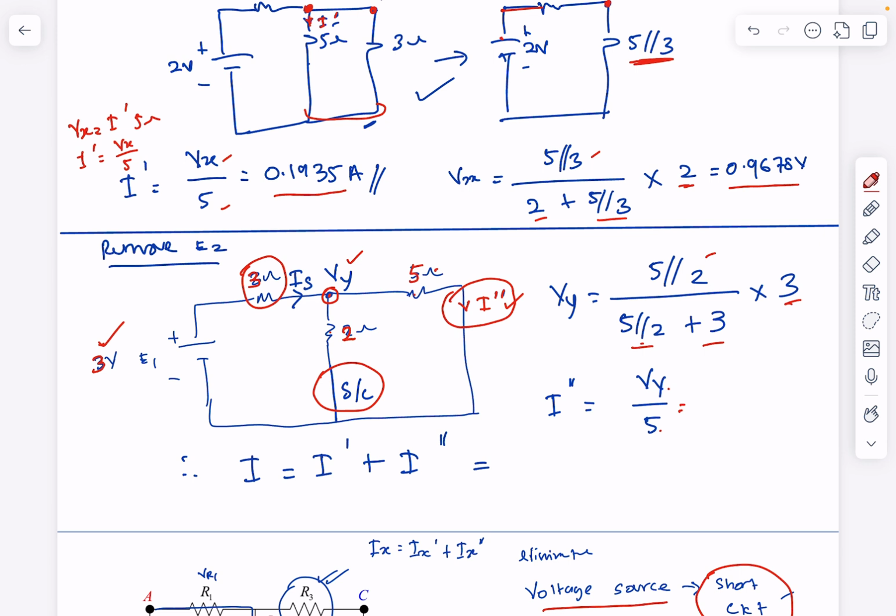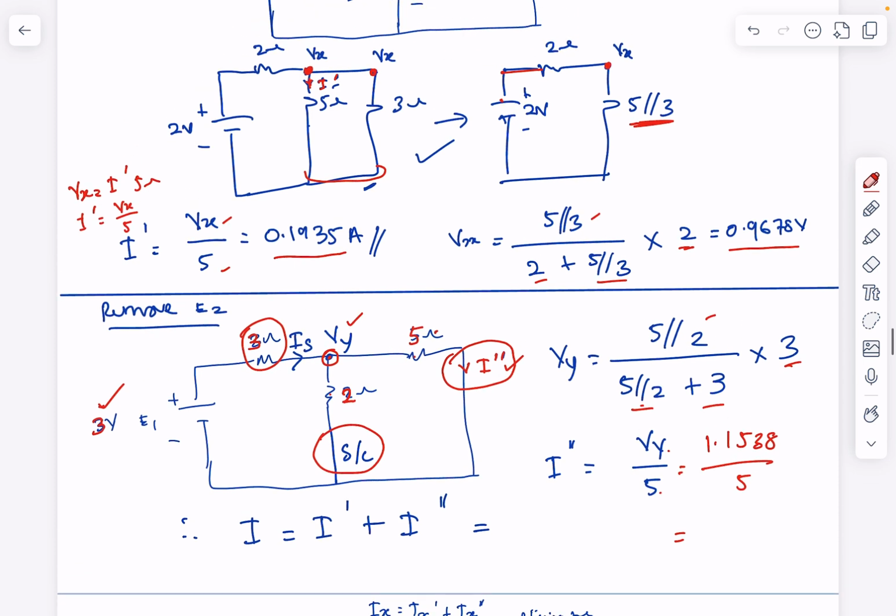Vy is equal to 1.1538 divided by 5, I double prime is equal to 0.231 ampere.